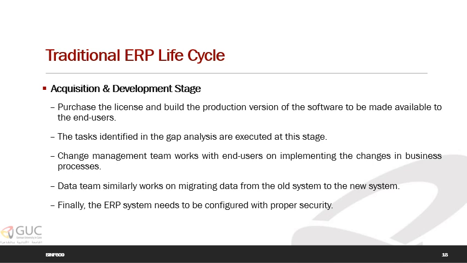The entire production platform must be configured and built with the necessary hardware, network security software, database, and real production data. The tasks identified in the gap analysis are executed in this stage. This includes customization of embedded software rules, data in the database tables, input screens, and reports that come with the ERP system.